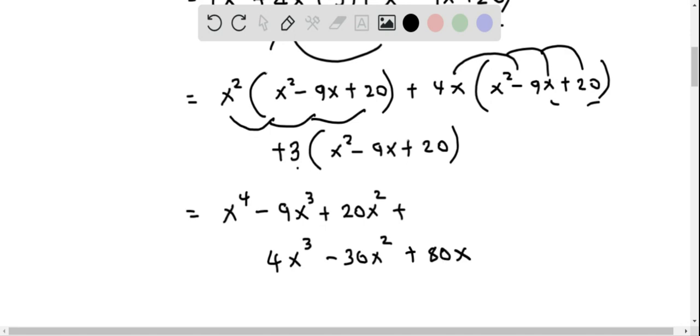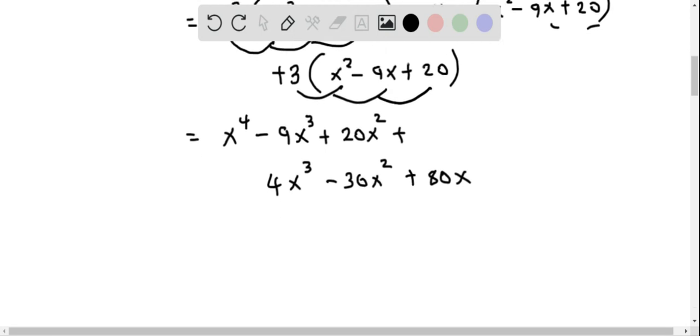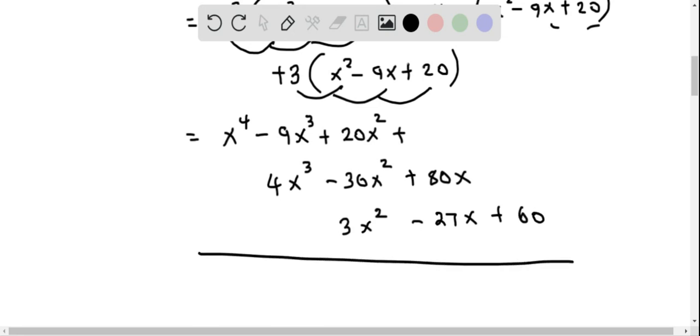Now let's distribute this 3 into the terms inside the bracket. So 3 times x squared is 3x squared. I write down below the x squared term, and then 3 times negative 9x is negative 27x, and finally 3 times 20 is 60. Now we have to add the terms. So here we have only one x to the power 4 term, and here in this column we have negative 9x cube plus 4x cube, which is positive 5x cube.